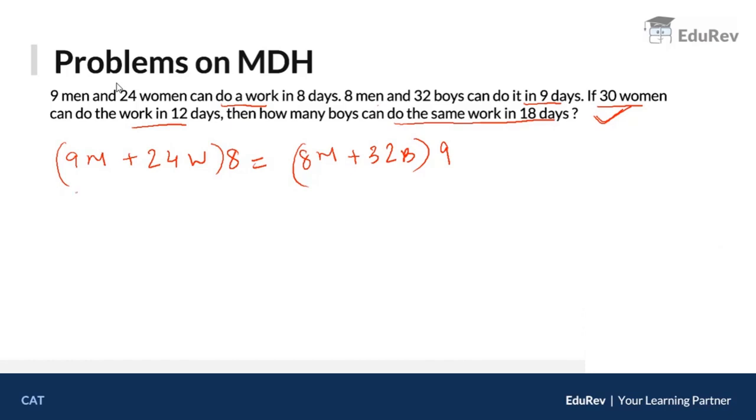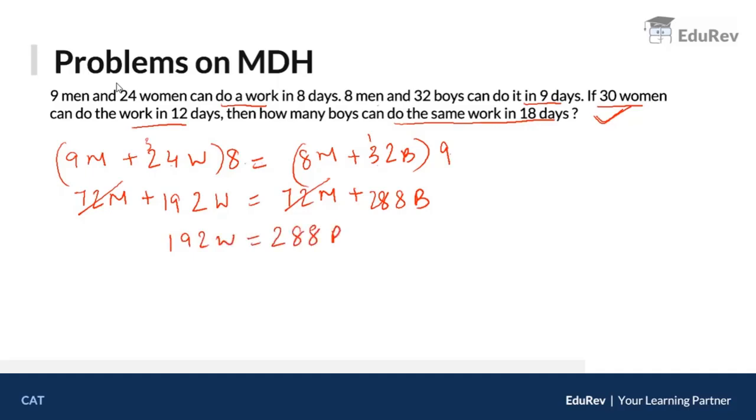So this will be 9 eights are 72 men plus 24 eights are 192 women is equal to 8 nines are 72 men plus 32 nines are 288 boys. 72 will get cancelled. So basically 192 women is equal to 288 boys.